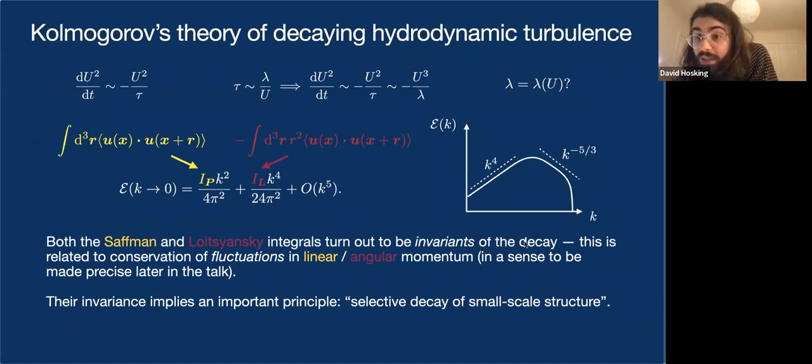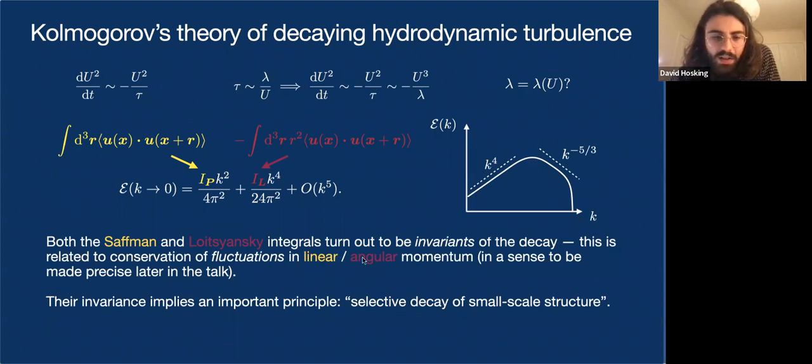The physical reason for that is the conservation of fluctuations, not net, but fluctuations, in linear and angular momentum. This was worked out firstly for the Loitsyansky integral in the angular case by Landau, and later, I think I'm right in saying, for the Saffman integral by Philip Saffman, and also Peter Davidson recently has done quite a lot of work on looking at nuances in Landau's calculation.